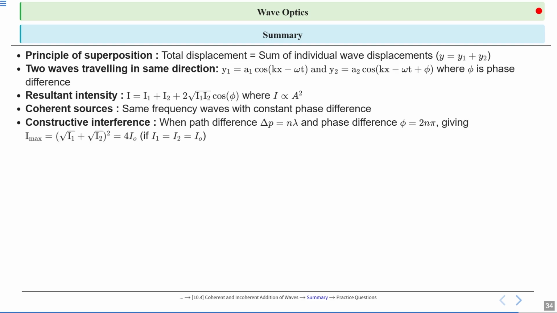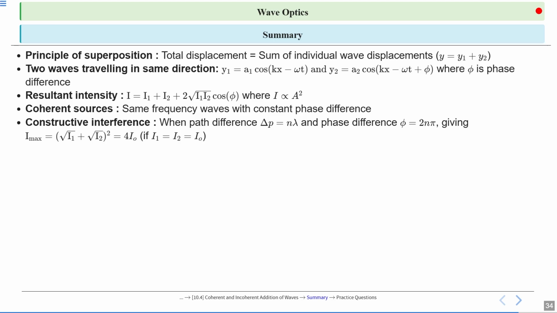Constructive interference, when path difference delta p is equal to an integral multiple of lambda and phase difference phi is equal to an even integral multiple of pi, giving I max. So I1 plus I2 plus 2 root I1 I2 cos phi.